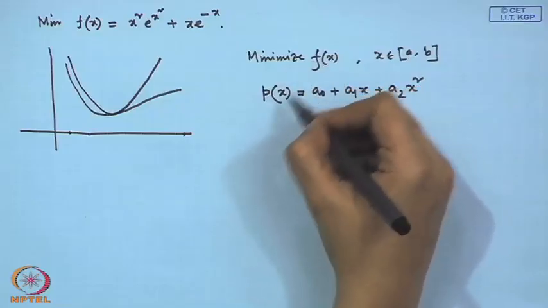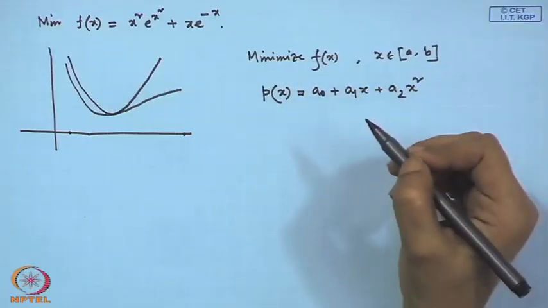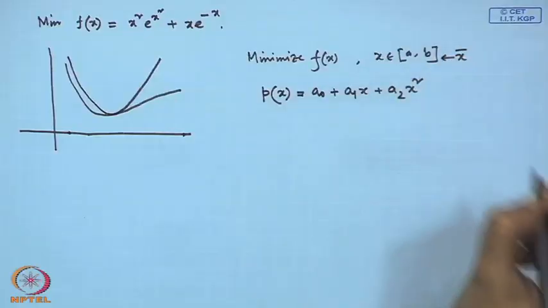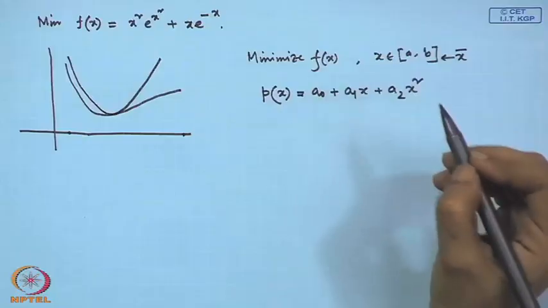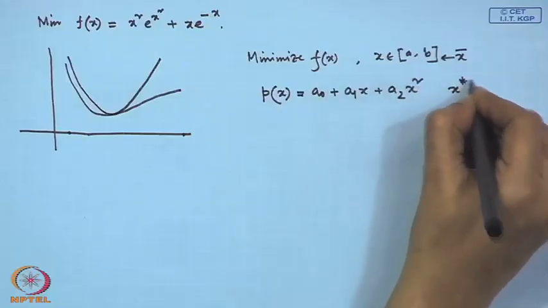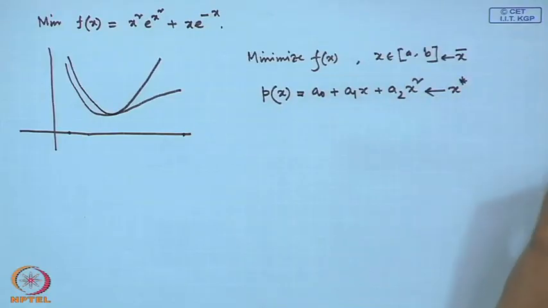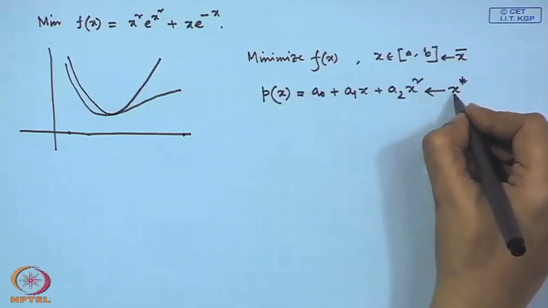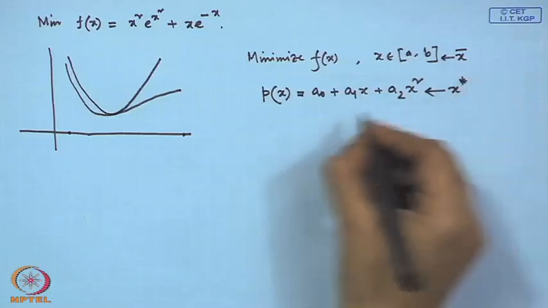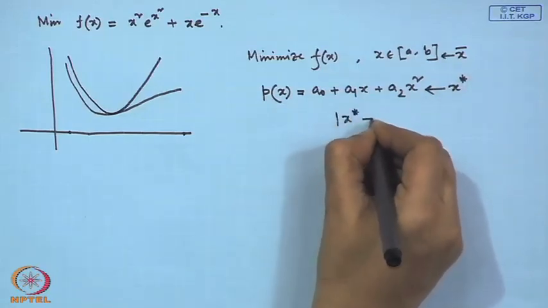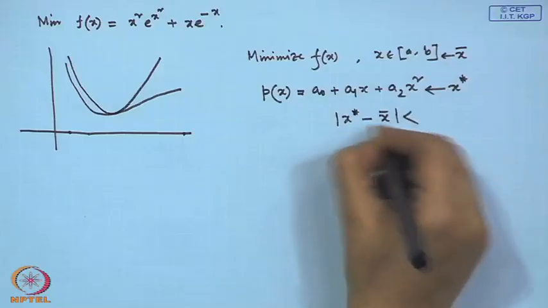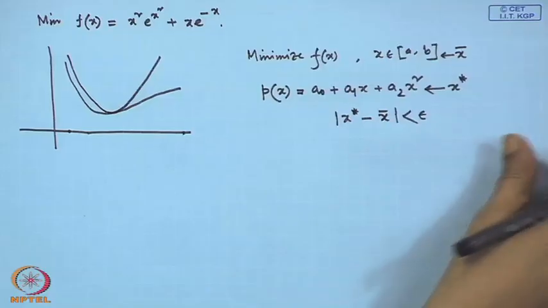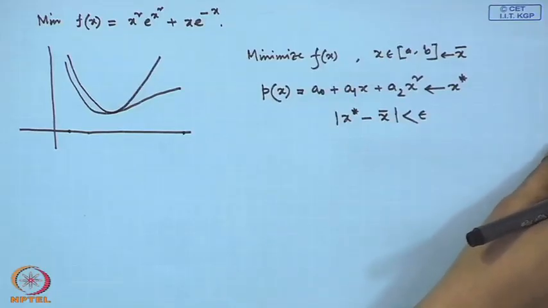Instead of minimizing f x, we will minimize p x, and if x star is the optimal solution for this polynomial, then we will do the iteration. We will first find x star, and check whether x star is close to x bar or not. If it is very close, mathematically we can say x star minus x bar is less than epsilon, where epsilon is a very small pre-assigned value.